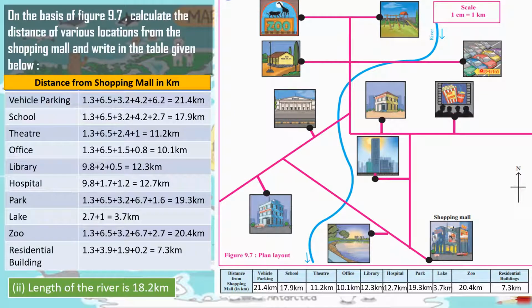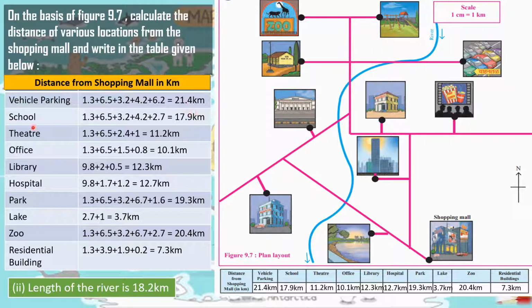So we'll go from here, that is first one 1.3 and then this one is 6.5 and then this one is 3.2, then 4.2 and 6.2, that is equal to 21.4 kilometer. So from shopping mall to vehicle parking is 21.4 kilometers.